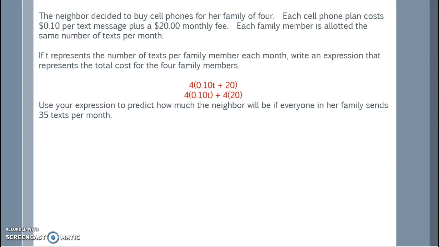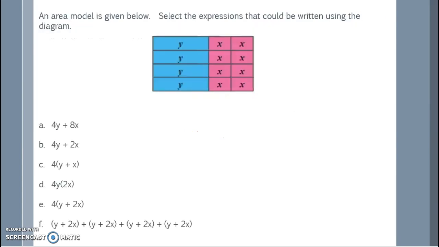We can then use the distributive property to share the 4 with the 10 cents per text message and the $20 monthly fee, giving us 40 hundredths T plus 80. So let's use our expression to predict if we were to send 35 texts per month. So we will replace the text message piece with 35. 40 cents times 35 messages is 14, plus 80 is 94.